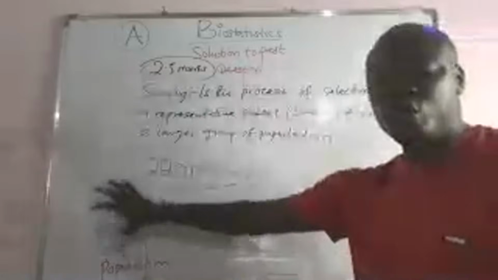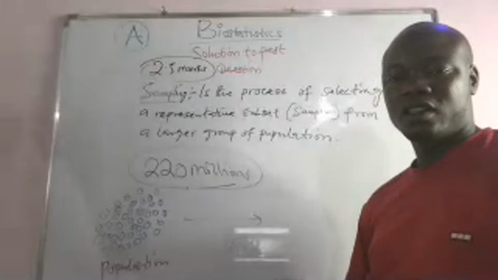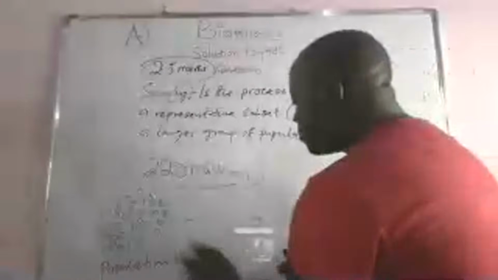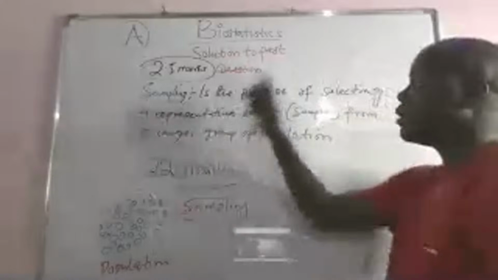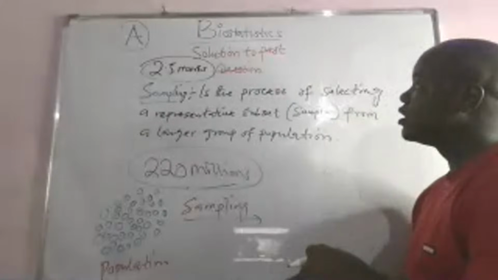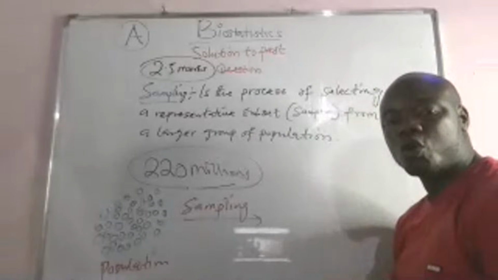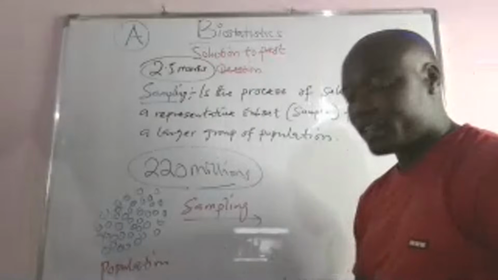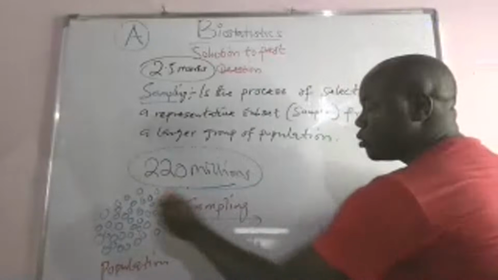So rather than work with the whole of this population, what are you going to do? You are going to do sampling. A sampling is a process of selecting. Because you cannot work with this entire population, rather you will select some of this population.